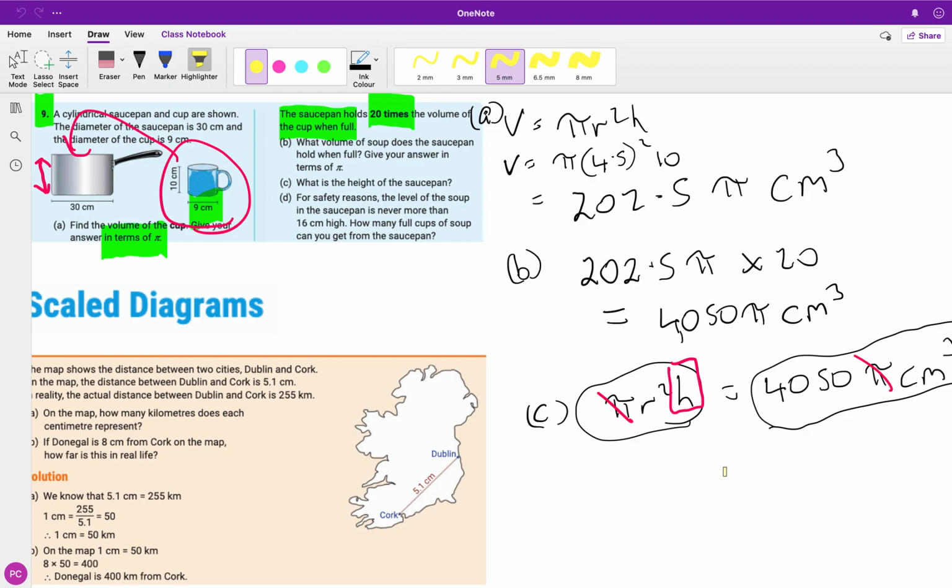We sub in what we do know. So we do know the radius of the pot, careful again, they're giving us a number that they're tempting us to use, but it's a diameter. So we're going to have 15 squared, after dividing both sides by pi.